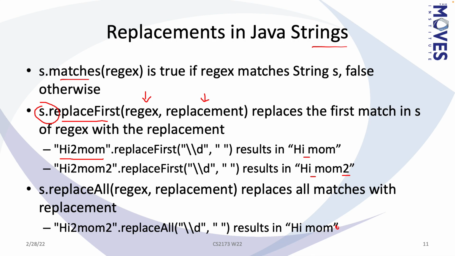And actually this is a little, oops, there would be an extra space here, by the way. Okay, so replace all, guess what that does? It replaces all of them. So hi 2 mom 2, if I replace all the digits it finds with a space, it will, and again, I'll have to fix the slides a little bit. There would be a space here and a space here.